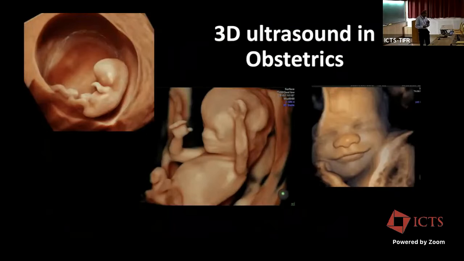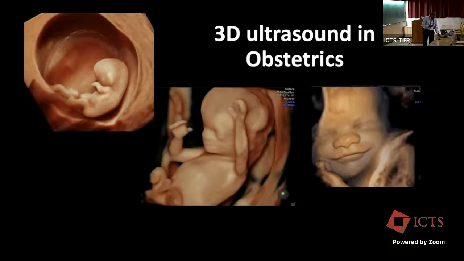Then a few words about 3D ultrasound. 3D ultrasound has played a tremendous role because before we were doing only 2D ultrasound. Today we capture a volume. And once you have a volume data with you, it allows you to play around. You can slice through the volume, you can rotate the volume, and also make whatever measurements are possible.